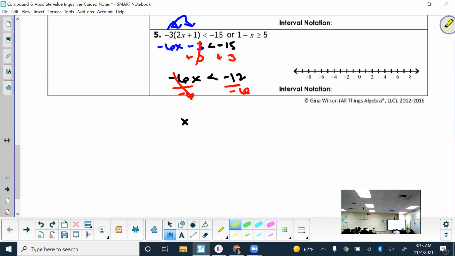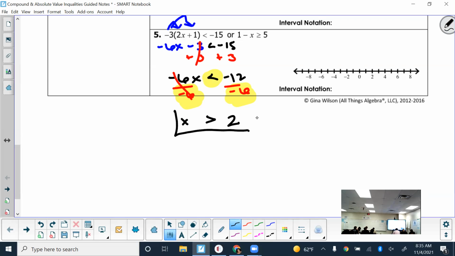So we divided -6 on each side of the inequality symbol. So that changes to greater than. -12 divided by -6 is 2. Questions there?